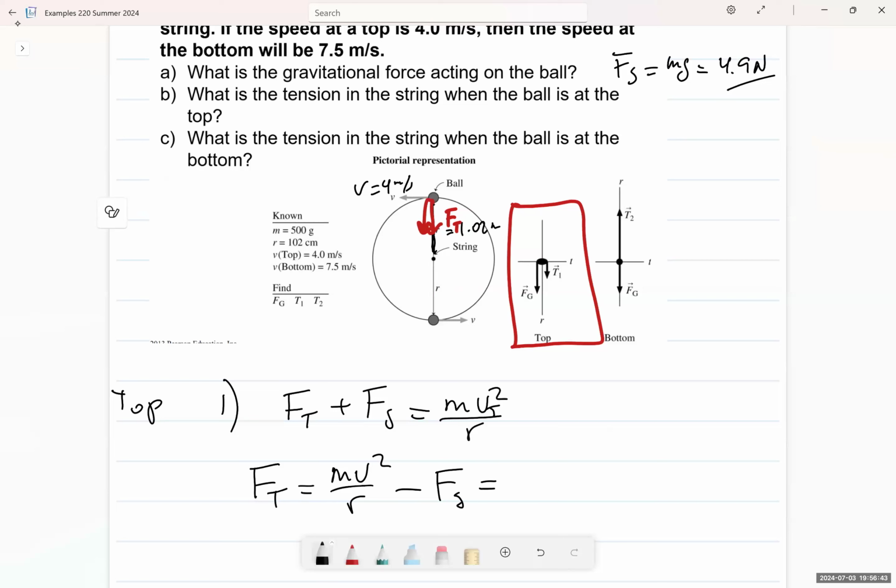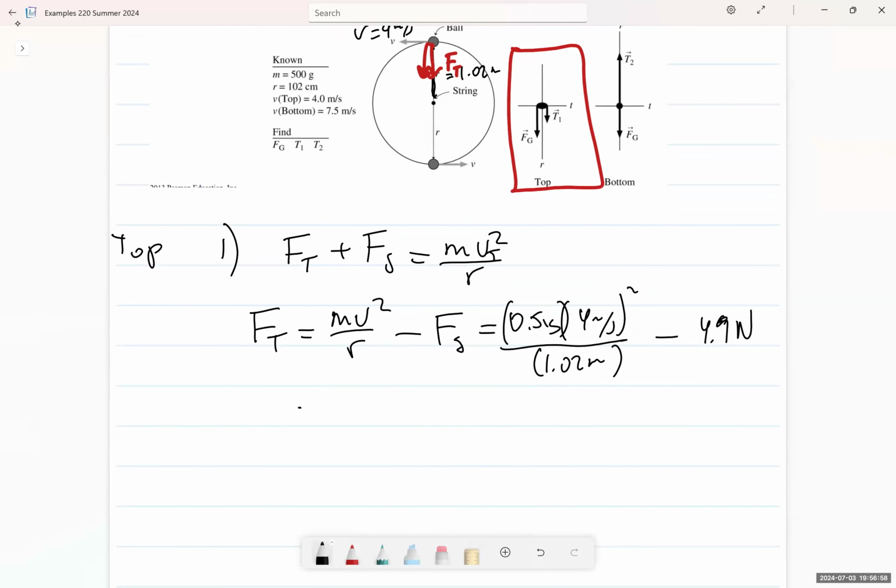The mass is 0.5 kilogram times the speed of 4 meters per second squared, over the radius of 1.02 meters, minus 4.9 newtons, which is the gravitational force. If I calculate the tension, I get 2.9 newtons.